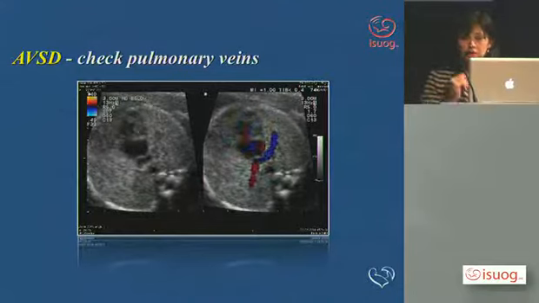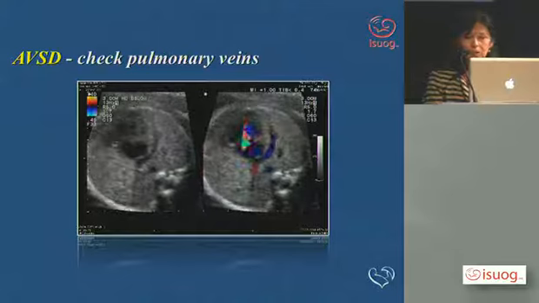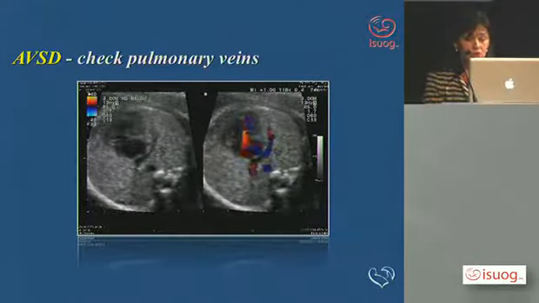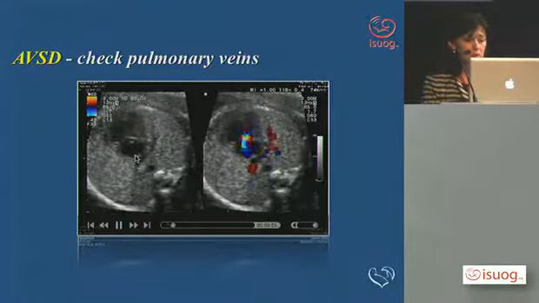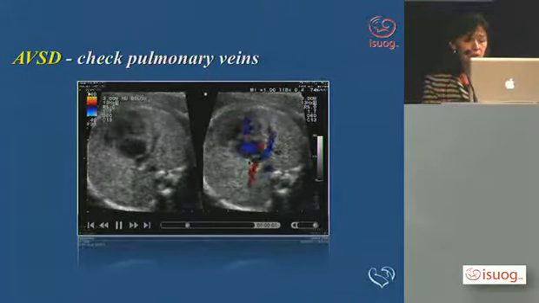You have to check that in all cases if you're doing a fetal echo, but especially if you are thinking of isomerism, because abnormalities of venous drainage are common. So in this case, you see there is a confluence here behind the atria. You see a vein from the lung, so the heart was on the right here as well, and a vein from the left lung, coming here, no connection with the heart.